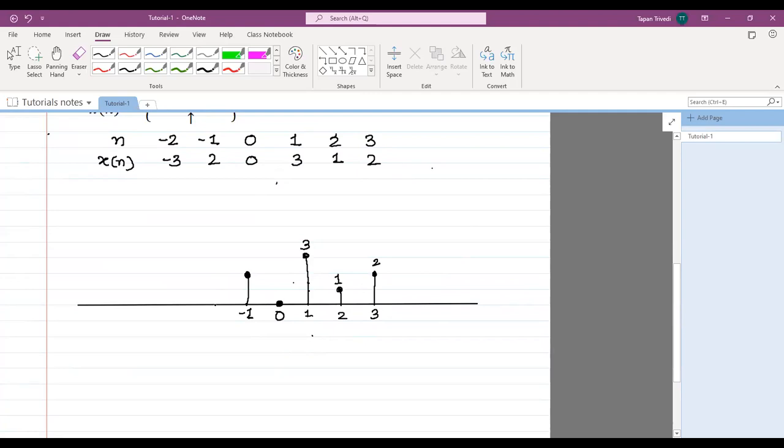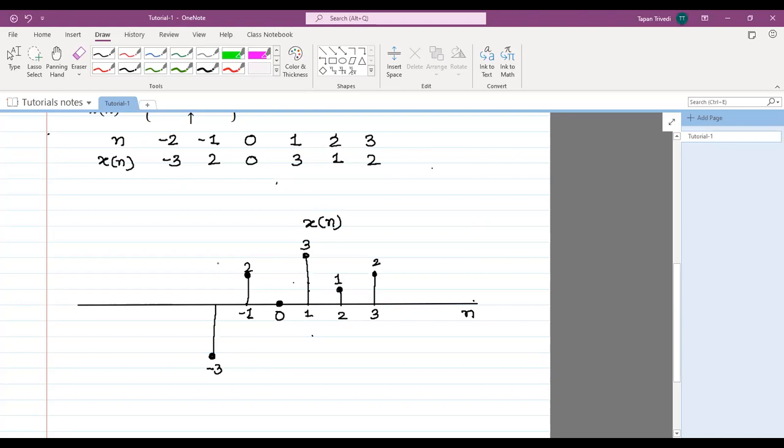And at -2, it is -3. This is on x-axis you have n, on y-axis you have x of n. So this is the sketch of signal.